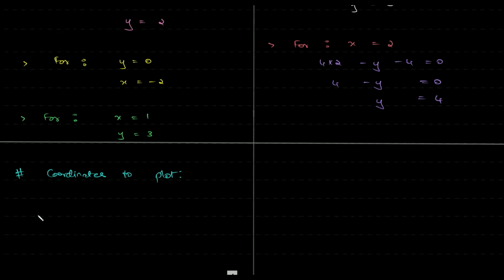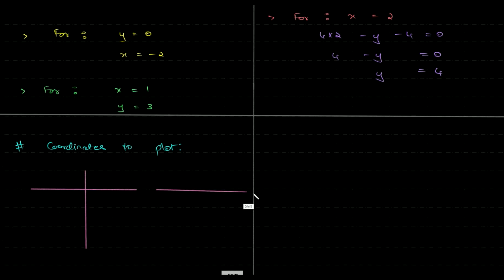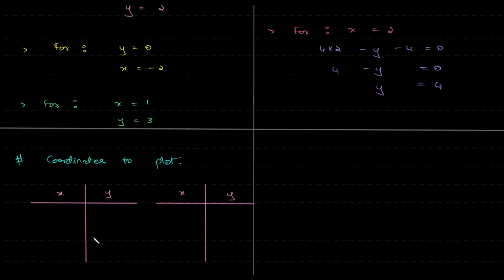So this is equation 1 and equation 2, with x and y. For equation 1 we have 0 and 2, 0 and minus 2 is how it was written, but it should be minus 2 and 0, then 1 and 3.